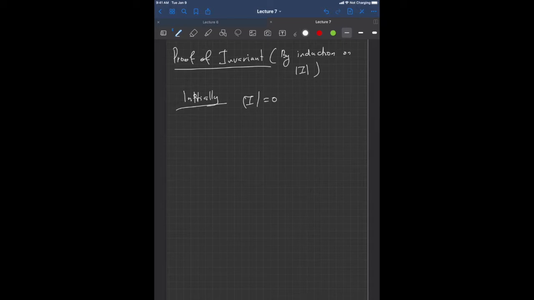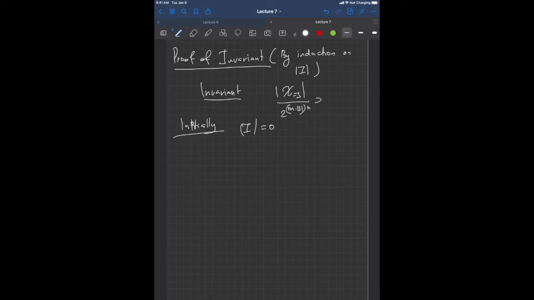Maybe before I prove this, let me write down the invariant somewhere very quickly. So the invariant was that the cardinality of x minus I, as measured with respect to the total number of such matrices, is at least 2 to the minus t minus I times tau.